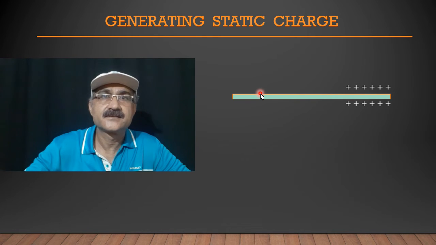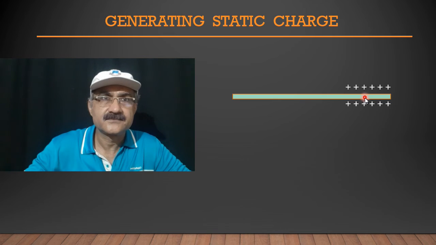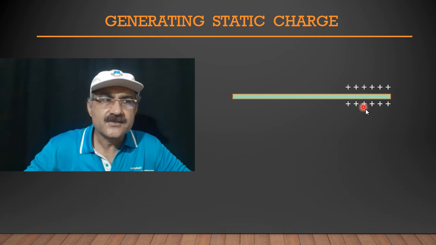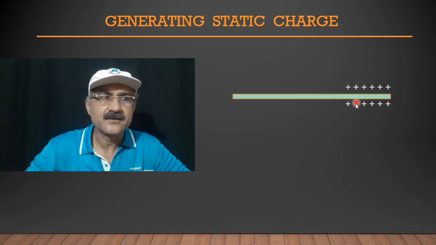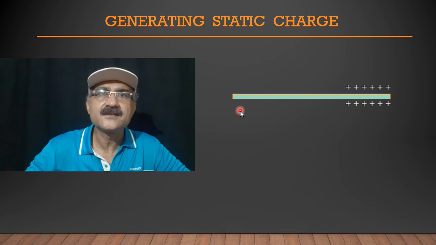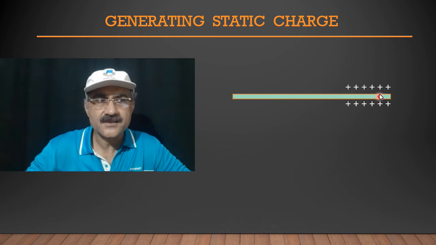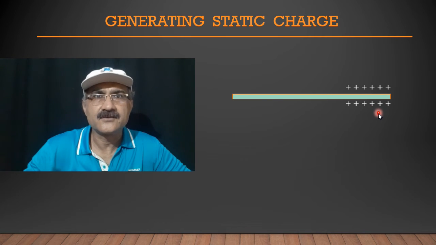Why? Because glass is an insulator. We all know that electric charges cannot flow through an insulator. So these charges will remain here. They will not flow to this part of the glass rod. That means these charges will be static charges. They will be at rest. This is how we can generate static charges. Clear?